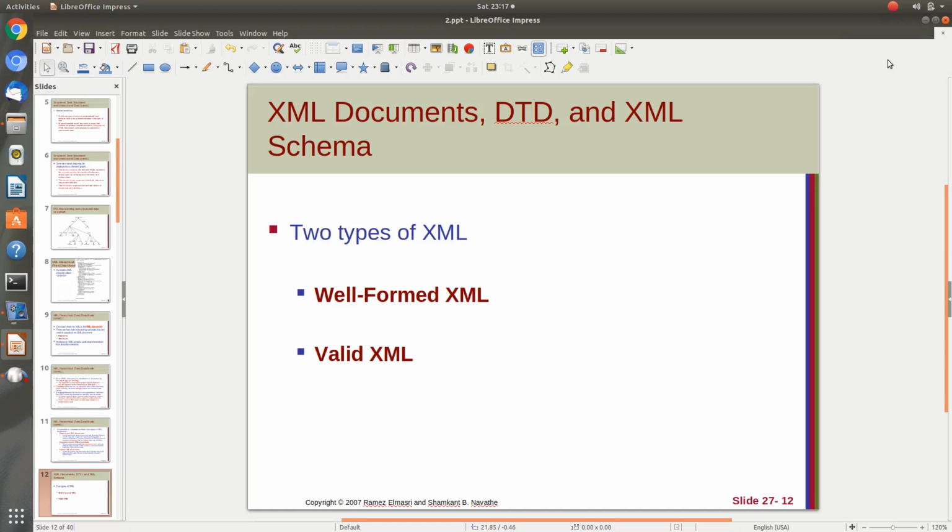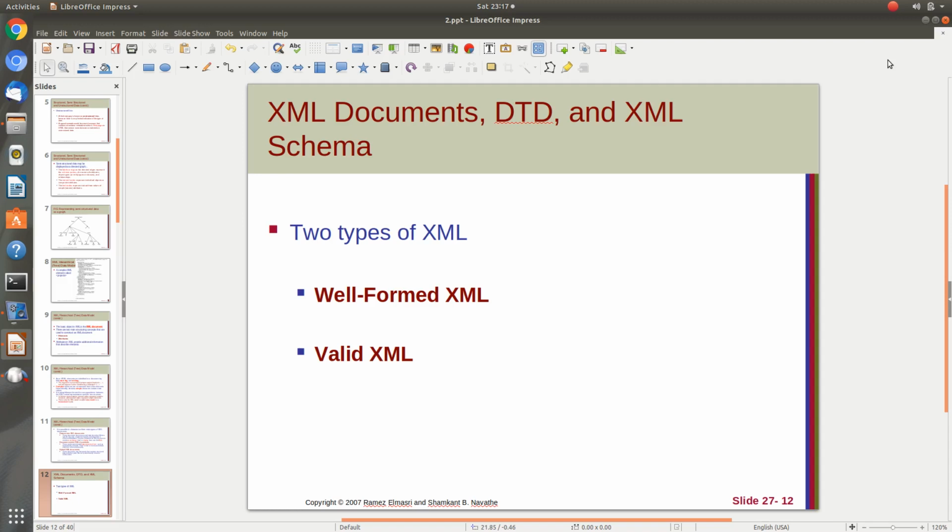Hi students, in this session we will discuss some more details regarding XML documents and two different types of XML documents, specifically based on the way in which we are processing the XML document.